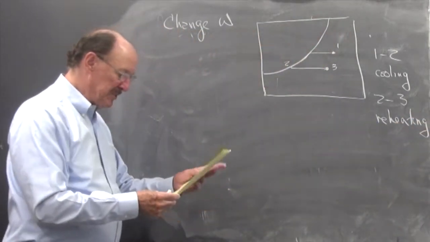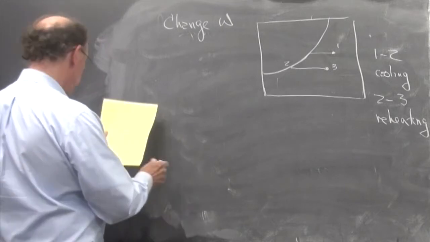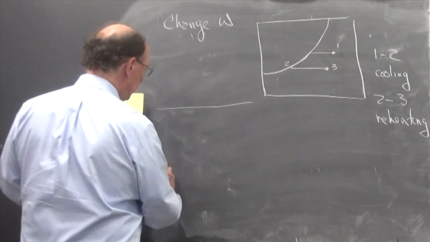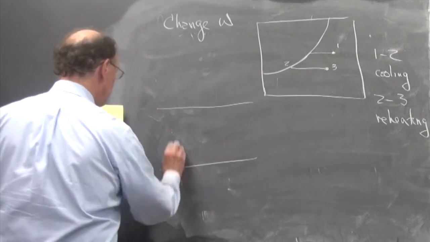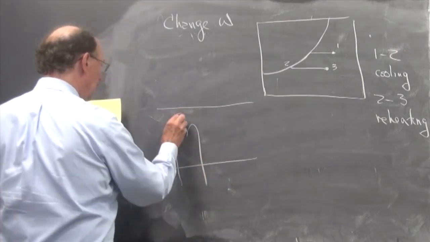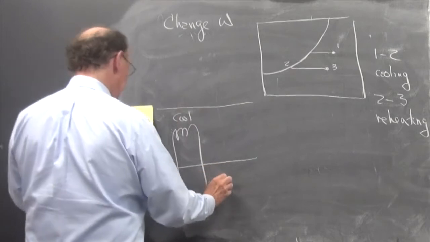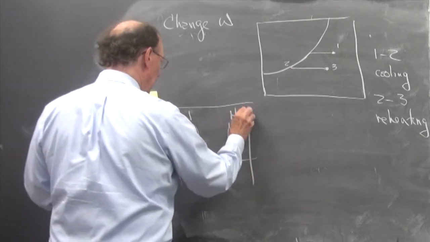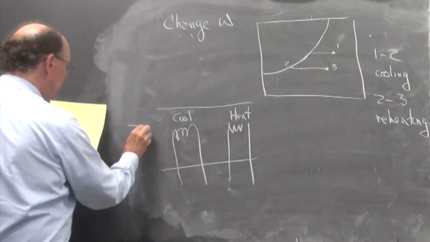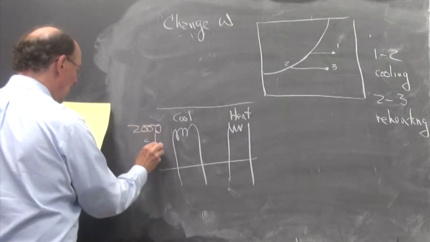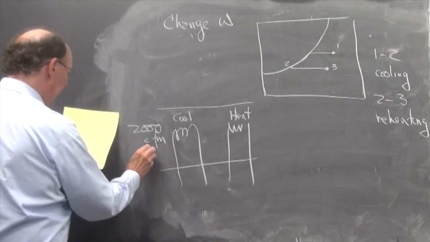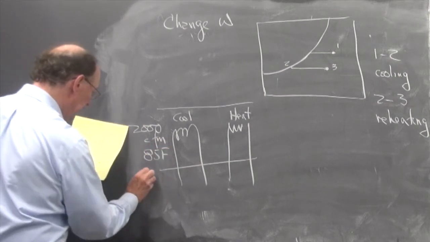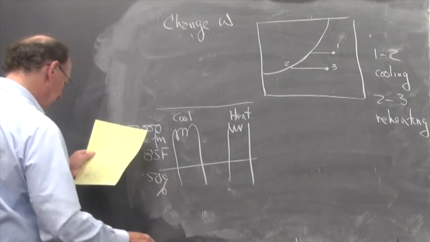Now let's put some numbers on this. So we have an example with numbers. Let's say I have a duct, and we'll have some cooling going on and some heating going on. We're going to start with 2,000 CFM, cubic feet per minute, 85 degrees Fahrenheit, and 50% relative humidity.